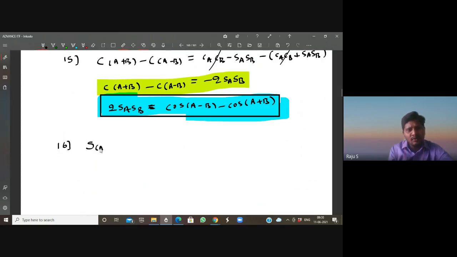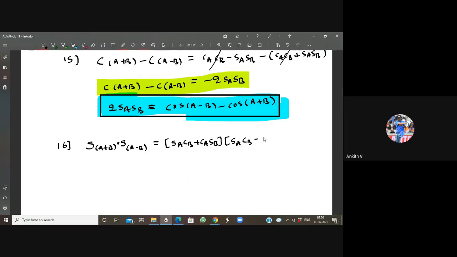Next one, you only find this value. What is the value of sin(A plus B) into, now I'm not adding, I'm multiplying, sin(A minus B)? Sin(A plus B) formula is sin A cos B plus cos A sin B, into the sin(A minus B) formula: (sin A cos B) whole square minus (cos A sin B) whole square.